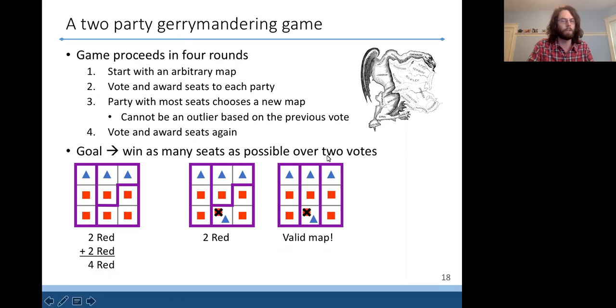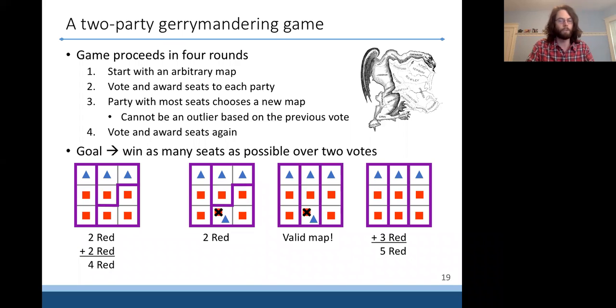Because now we have a new configuration of voters that has what we think are 4 blue voters, but take my word for it that this is not an outlier by our previous definition on these small maps. So now this looks like a valid map. So now the red party is allowed to draw this map in round 3, and then in round 4, of course, they go back to voting their true preferences, and they win 3 seats for 5 total. So that's a better number of seats for the red party.